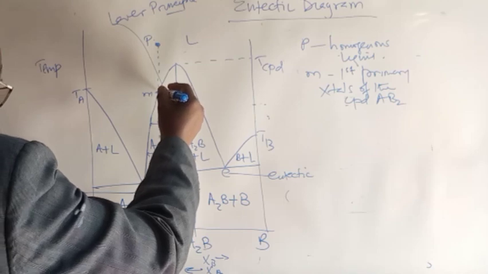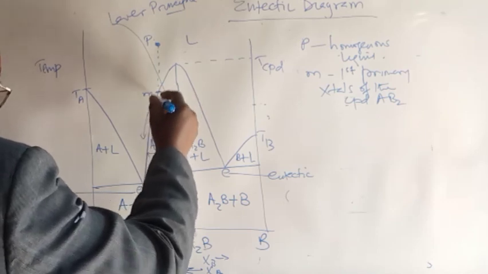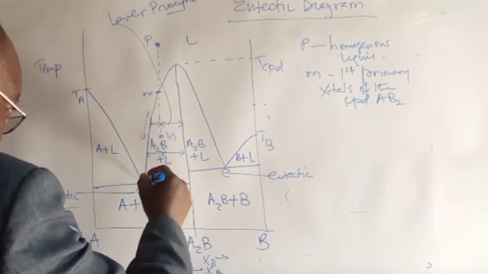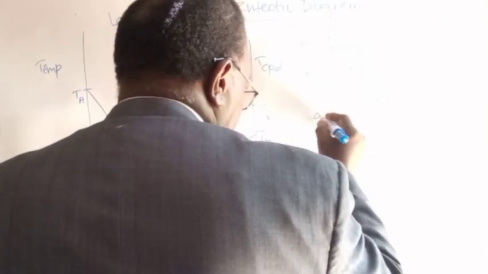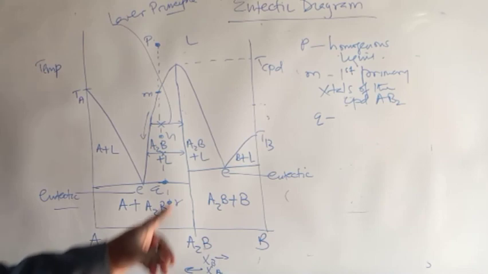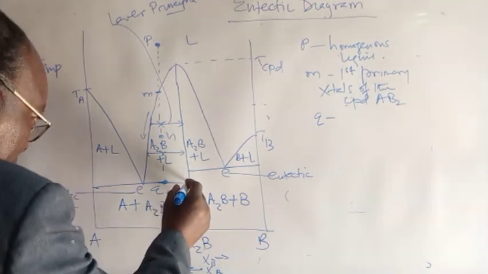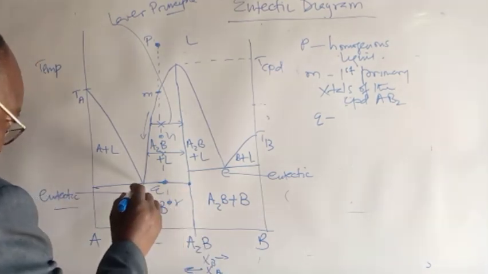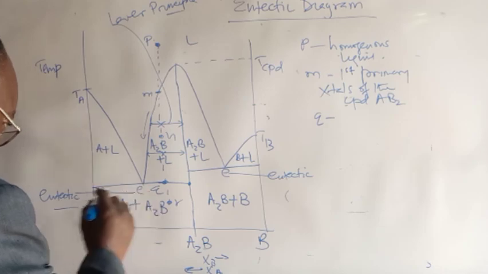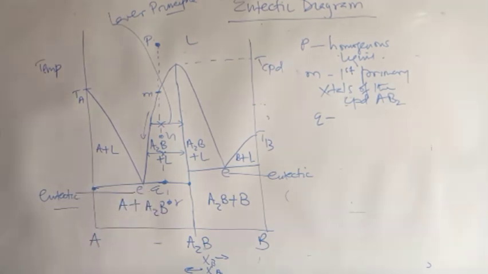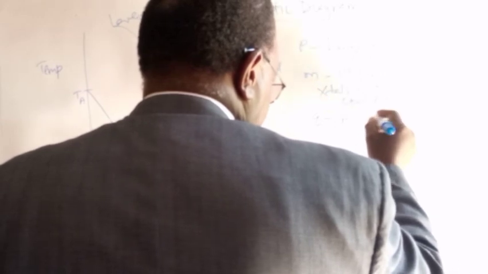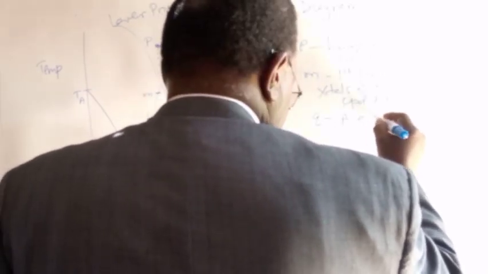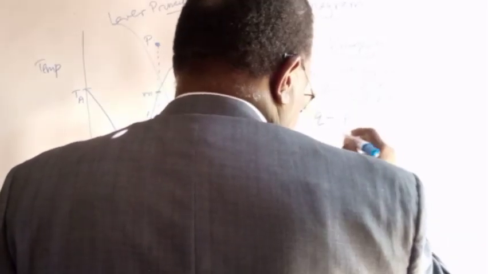The liquid composition changes according to that curve, that is M through E. Now, when we reach point Q, what happens? At point Q, we have AB2, that's the compound, the eutectic mixture, and A coexisting in equilibrium. So we have A, E, and AB2 coexisting in equilibrium.